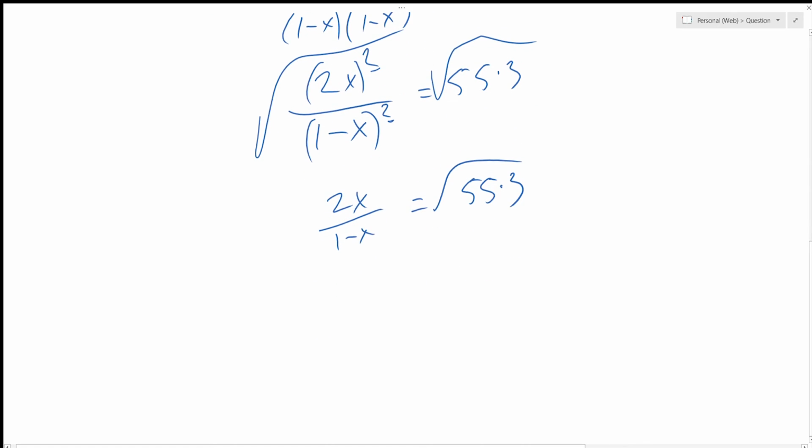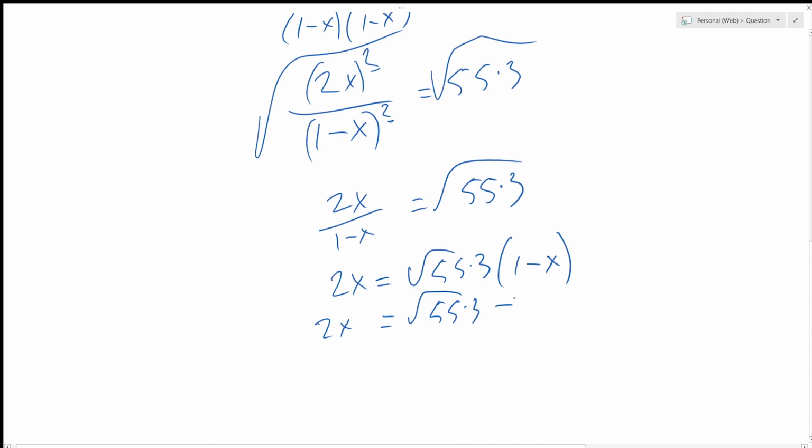So now we just need to work with this equation and get all the X's together and get all of the numbers together. And this is the type of mathematics that will be required in this course. Get all the X's together.